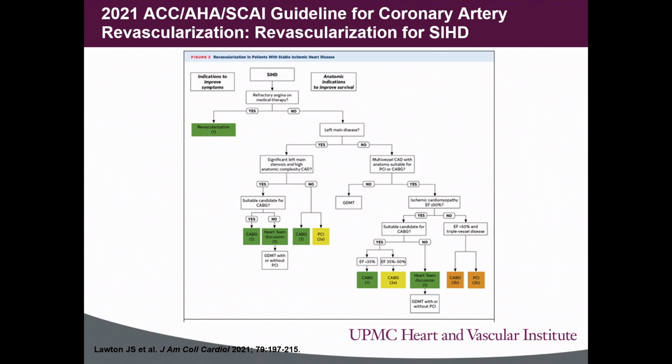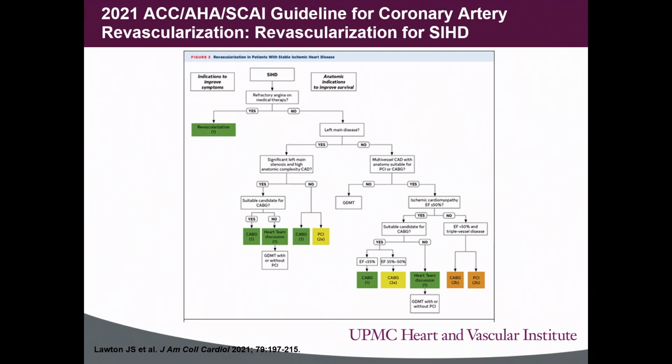Class 1 indication. But let's say they don't have refractory angina on medical therapy. Is there anything else that we need to do in terms of revascularization? Well, if they have left main disease, is it significant left main disease, and is it a high anatomic complexity? So if the answer is yes, with left main disease, we want to be more cautious about this, and those patients might be candidates for intervention.